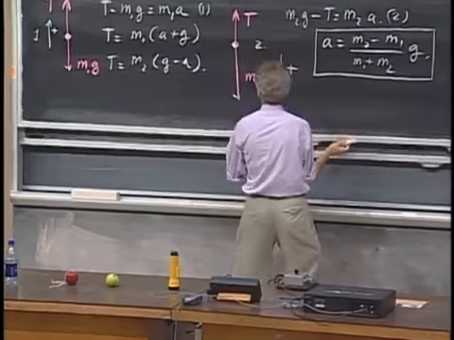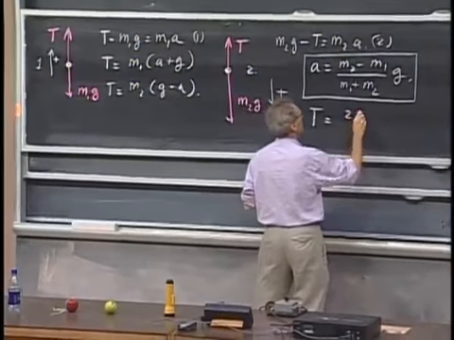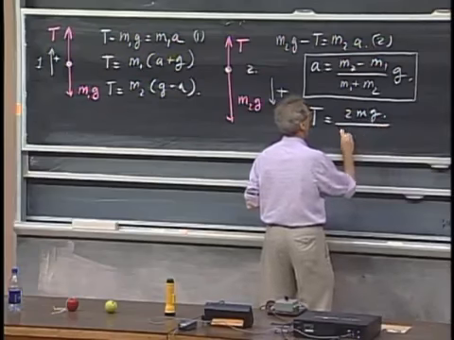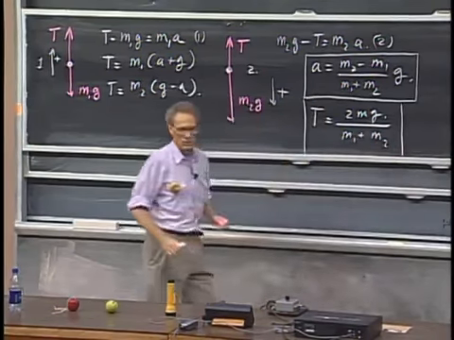And you substitute that A in that equation, and you'll find that the tension equals 2m1m2g divided by m1 plus m2. This is very easy for you to verify.